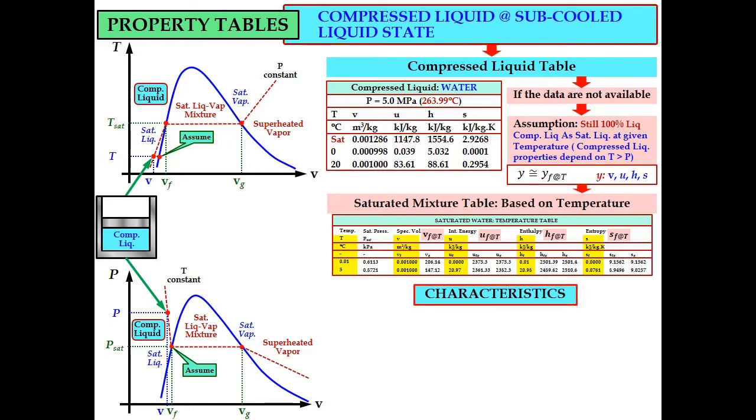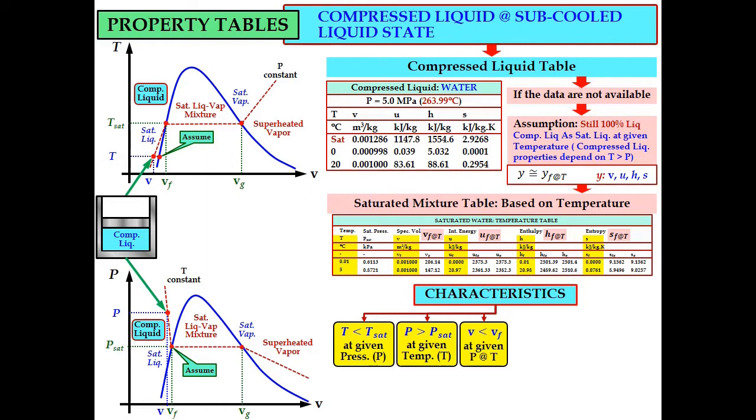Okay, so in terms of characteristics, how to determine whether the state involved is within the compressed liquid region or not. So these are the criteria: the temperature given must be less than T saturated at given pressure. The pressure given must be higher than P saturated at given temperature. Specific volume must be less than vf at given pressure and temperature.